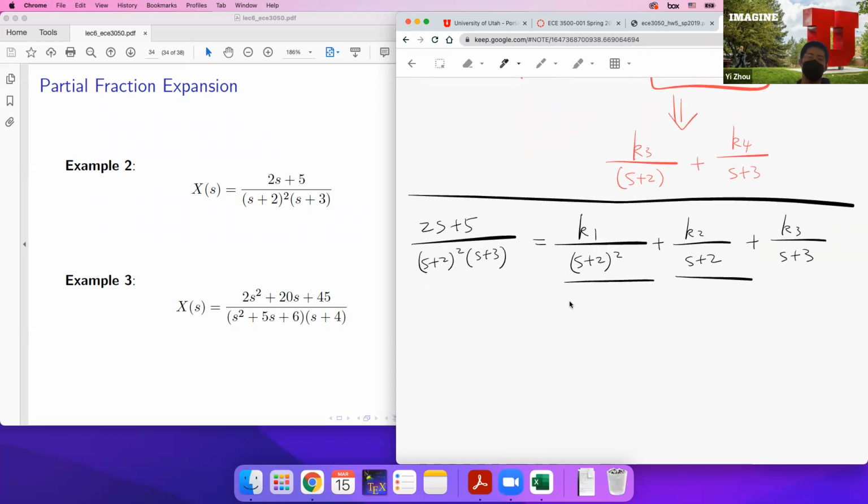For example, to get k1, you can multiply both sides by the factor (s+2)^2, right? Because the denominator on k1 is (s+2)^2.